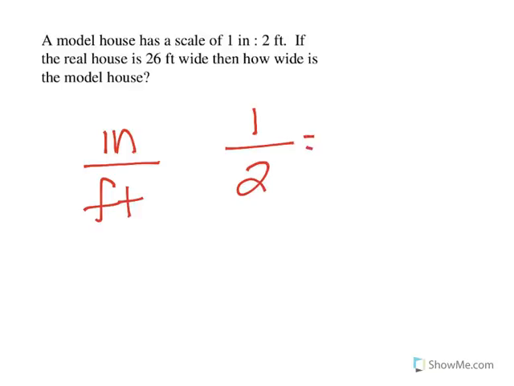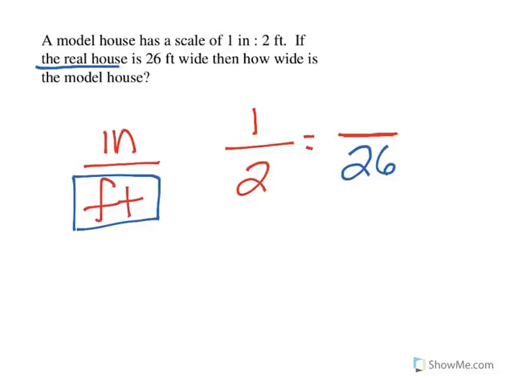If a real house is 26 feet, now, on this second one, it gives us feet, so we have to be consistent. We have to put the feet on the bottom. So that's why I'm choosing to put 26. If the real house is 26 feet wide, then how wide is the model house?